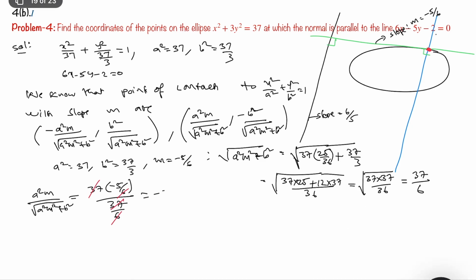We got minus 5. Similarly, b square by under root a square m square plus b square value is going to be: what is b square? 37 by 3, and under root a square m square plus b square value we got 37 by 6. So this will be equal to 2.